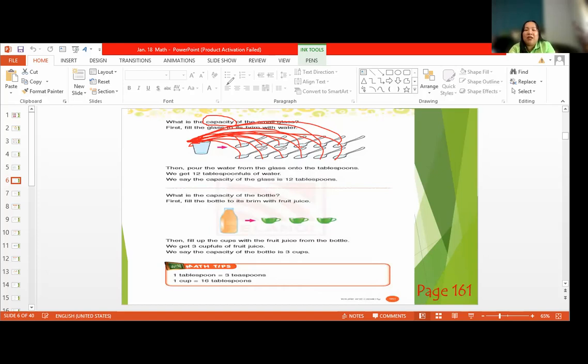How many tablespoons? The capacity of the glass is 12 tablespoons. You just count this one. 12 tablespoons of water to fill this one, to make it full.